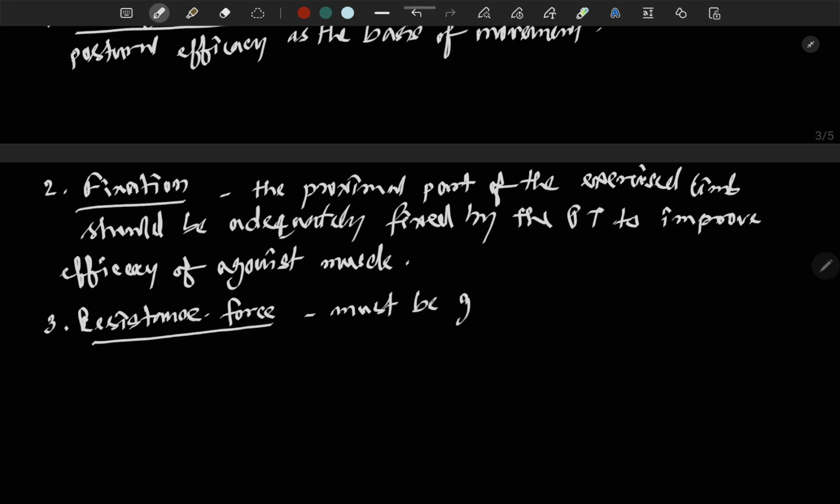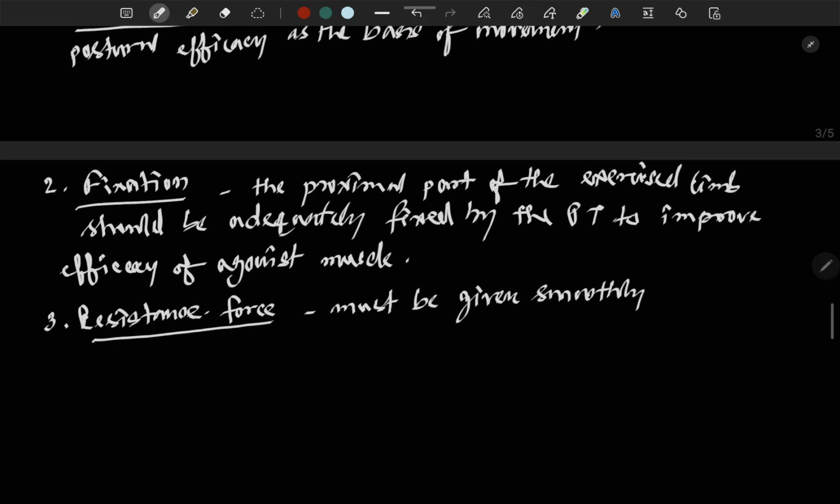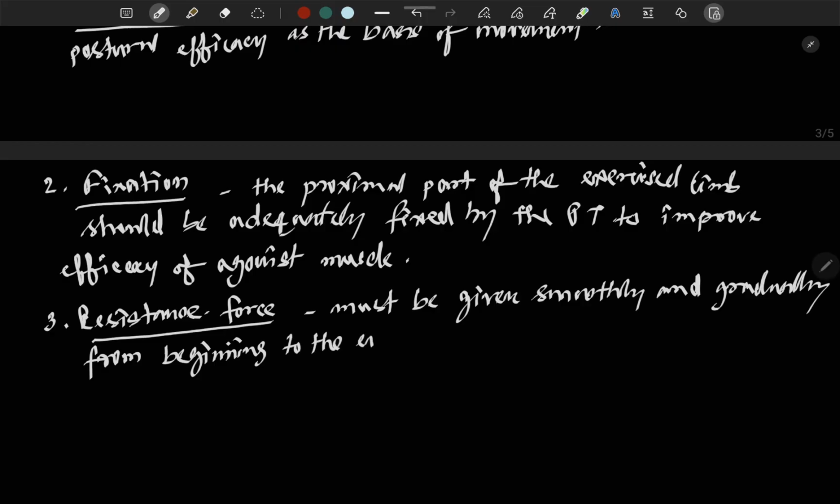Must be given smoothly and gradually from beginning, must be from the beginning to the end of the movement range.